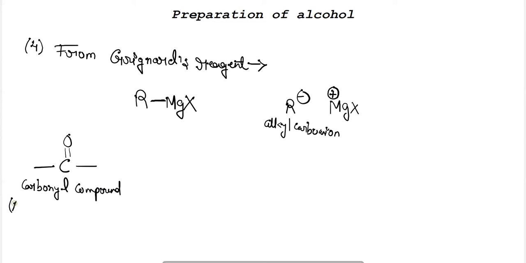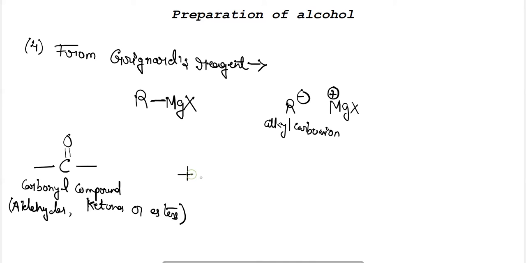Generally this type of compounds are aldehydes or ketones or esters. These three types of compound can react with Grignard reagent to give the alcohols.